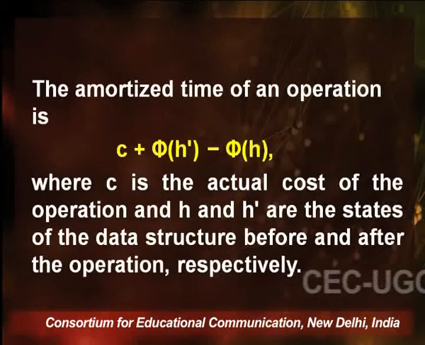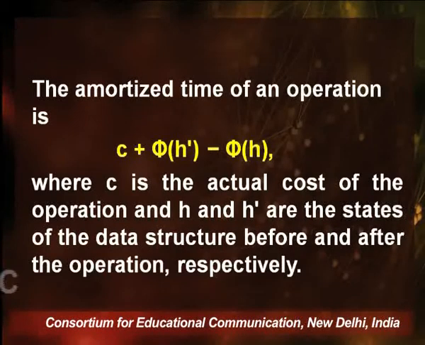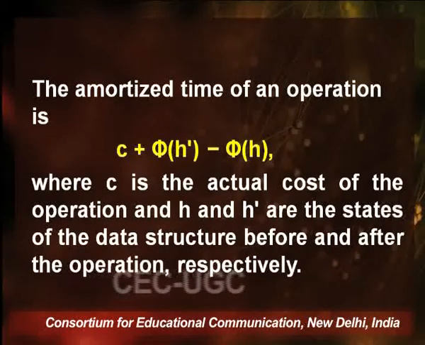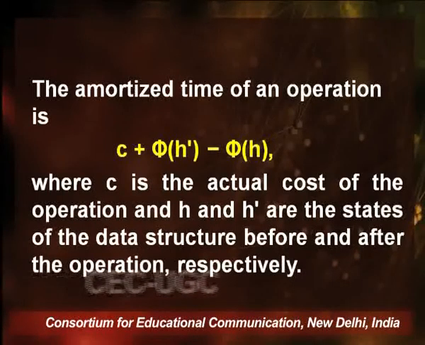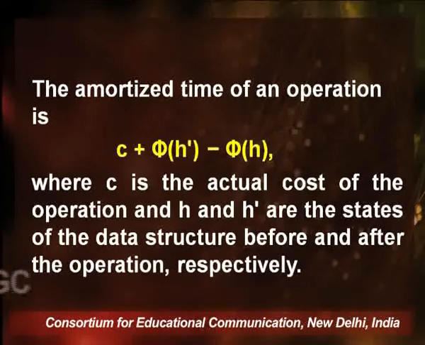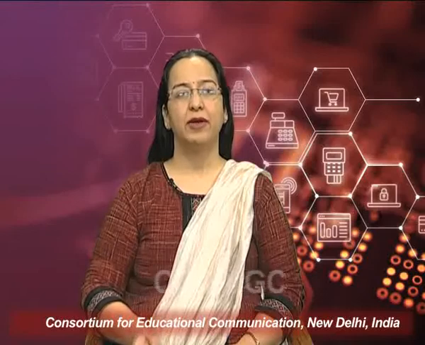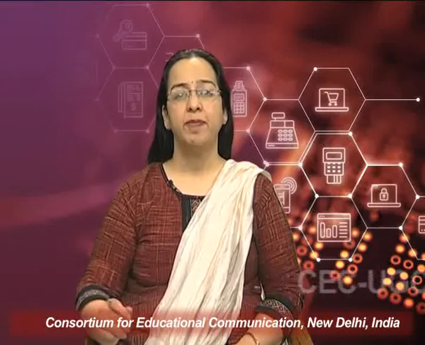So the amortized cost of an operation is going to be C plus phi of h dash minus phi of h. Now let us try to understand what these three terms are. C is the actual cost of the operation, and we are calculating the amortized cost. So C is the actual cost of the operation, while h and h dash are the states of the data structure before and after performing that particular operation respectively.